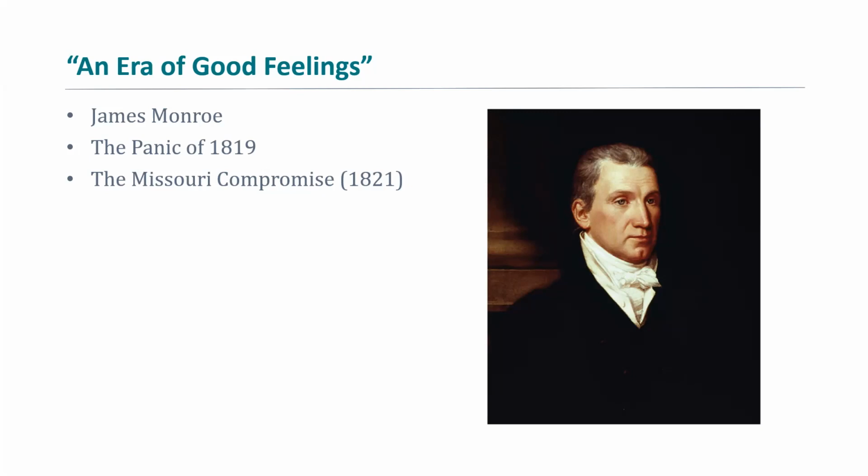The Missouri Compromise of 1821. So there's a balance up until this point in the number of enslaved states versus free states. And slavery obviously is a huge issue. It's been a contentious issue in the United States since the foundation of the United States.